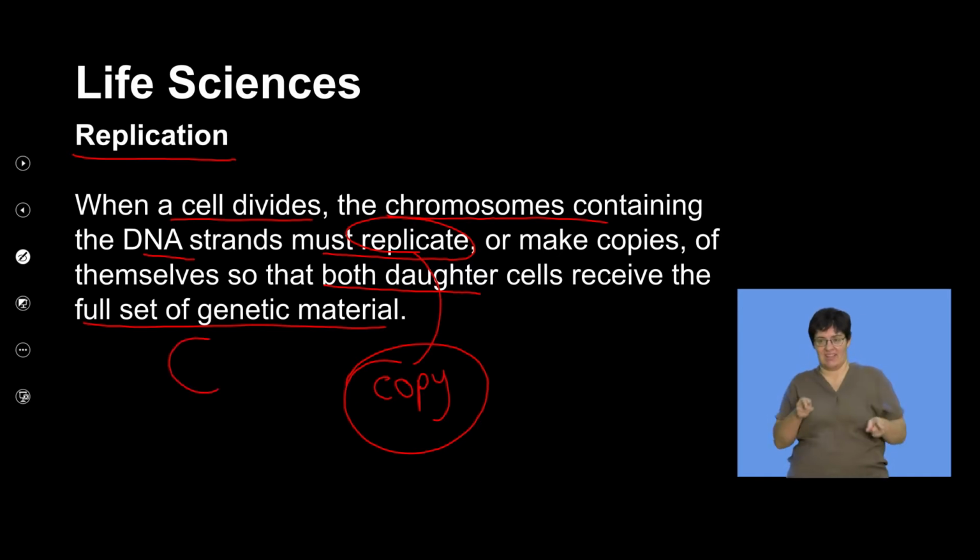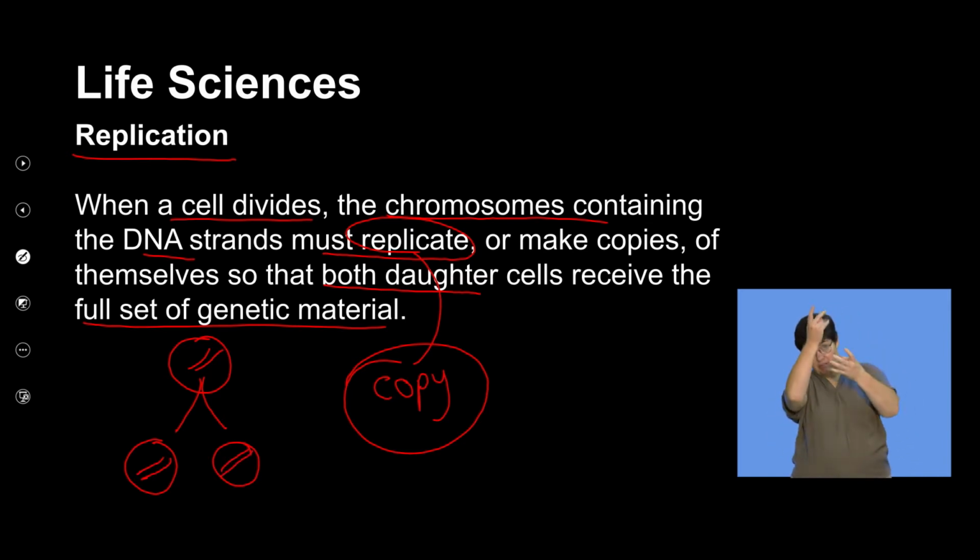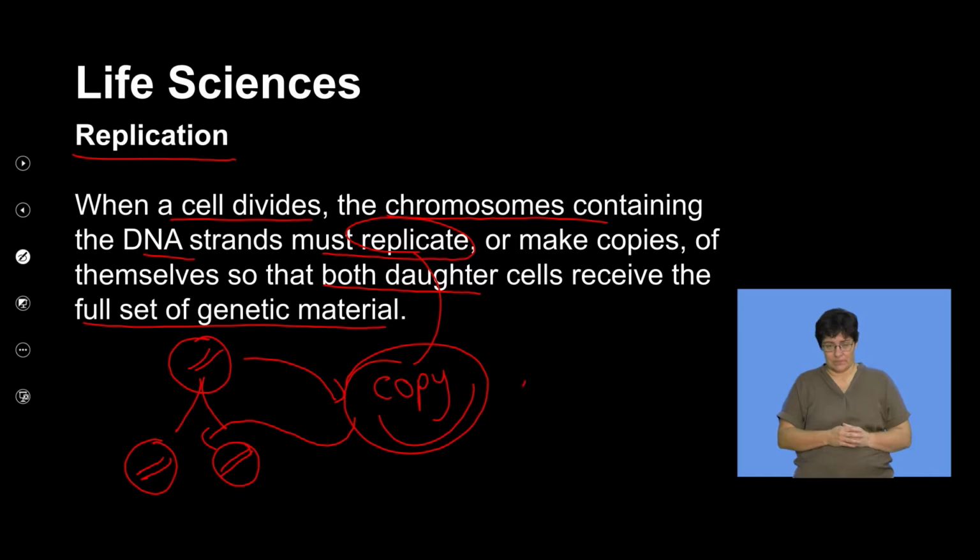The rationale is that if a cell divides to produce two new cells, these cells must have an exact copy of that genetic information. So it's important that that information is copied so that these daughter cells have it. That copying process is replication of DNA.